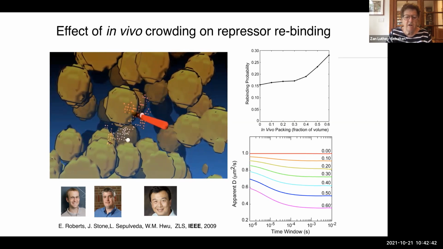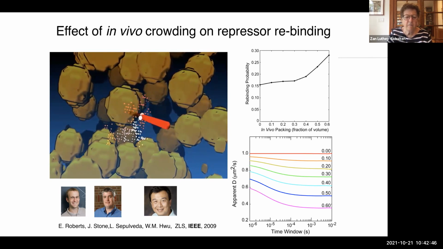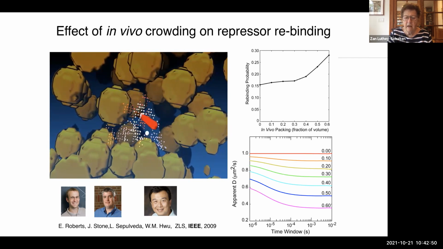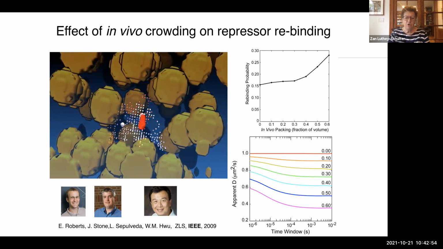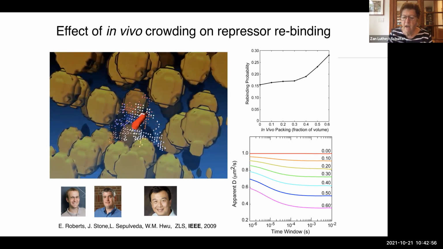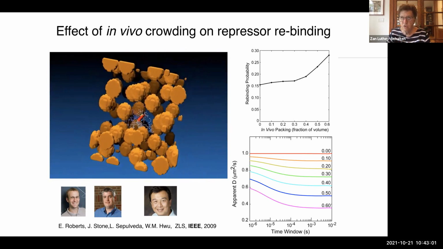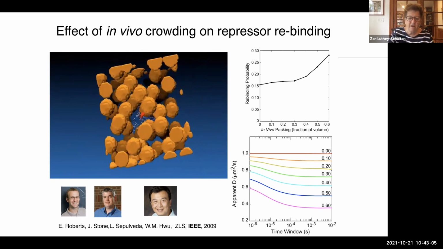In this case, it does return. And as I said, it's these kinds of calculations you can use to try and come up with apparent diffusion coefficients, and get at a probability of rebinding.